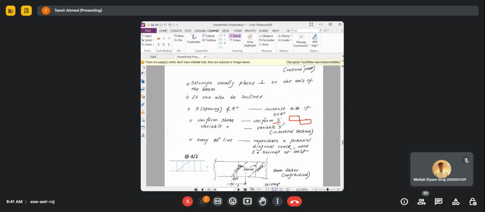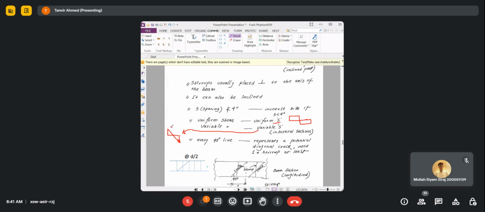But if the shear force is variable, say for example your shear force diagram is like this, so the shear force is varying with the length of the beam, in that case you may change the spacing depending upon the shear force acting at that place. We will also be discussing this.